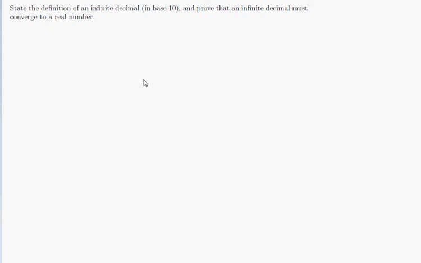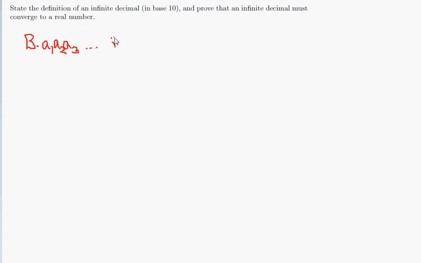State the definition of an infinite decimal in base 10 and prove that an infinite decimal must converge to a real number. An infinite decimal is typically written like b dot a1, a2, a3, and so on.